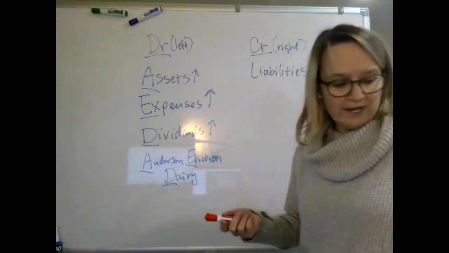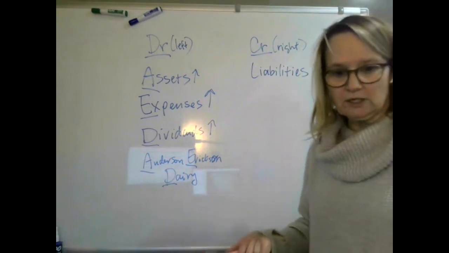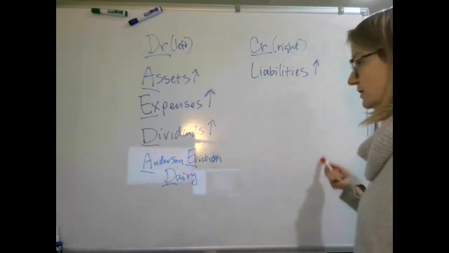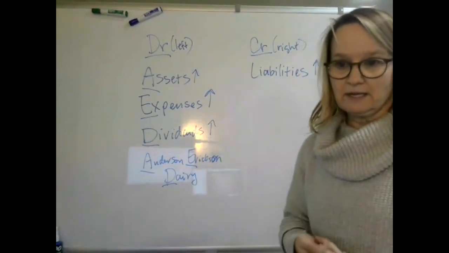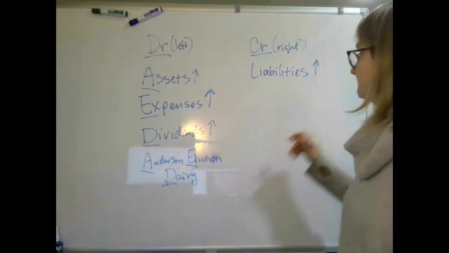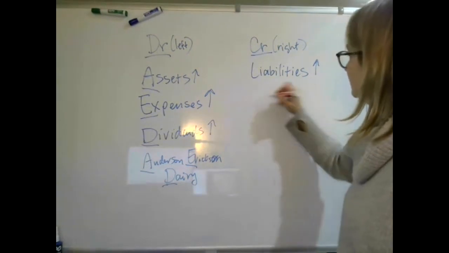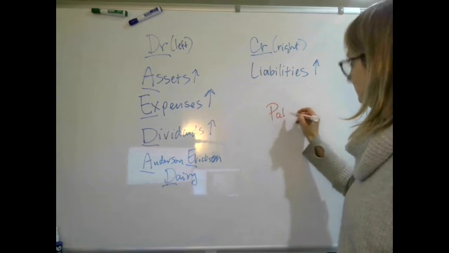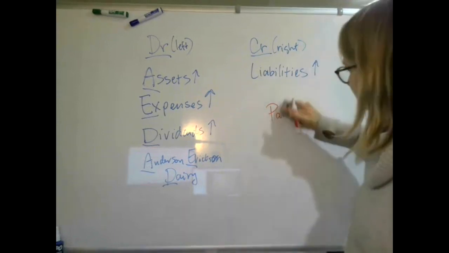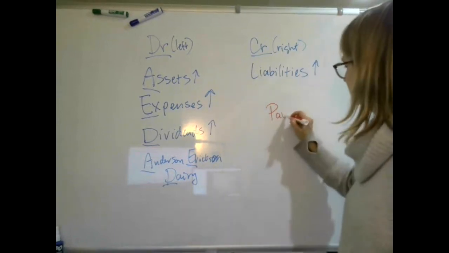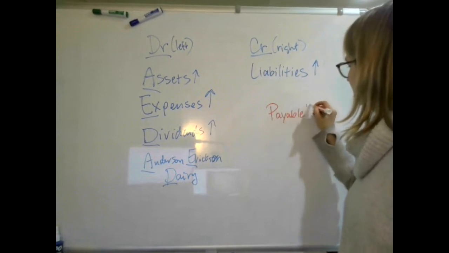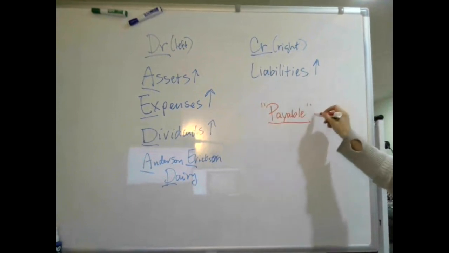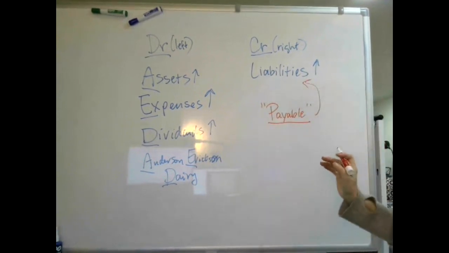So when we incur an expense, but we haven't paid it yet, that means we've incurred a liability, okay? Usually these accounts have the word payable in them, means we have to pay it. We haven't paid it yet, but if it's got the word payable in it, then it's a liability.